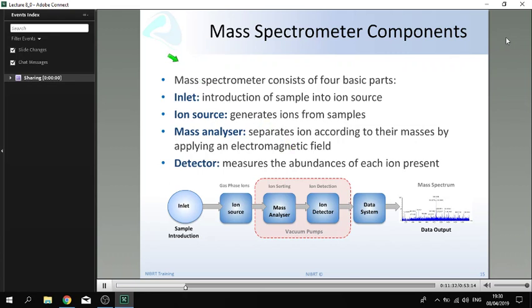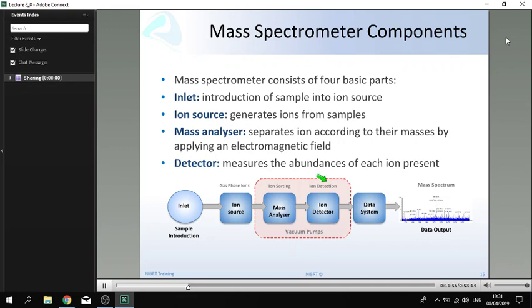So, components of a mass spectrometer. A typical mass spectrometer has 4 basic parts. It has an inlet, which is a way of introducing the sample into the ion source. Then the ion source that generates ions from the sample. It has a mass analyzer that separates ions according to their masses by applying an electromagnetic field, and then a detector that measures the abundance of each ion present.